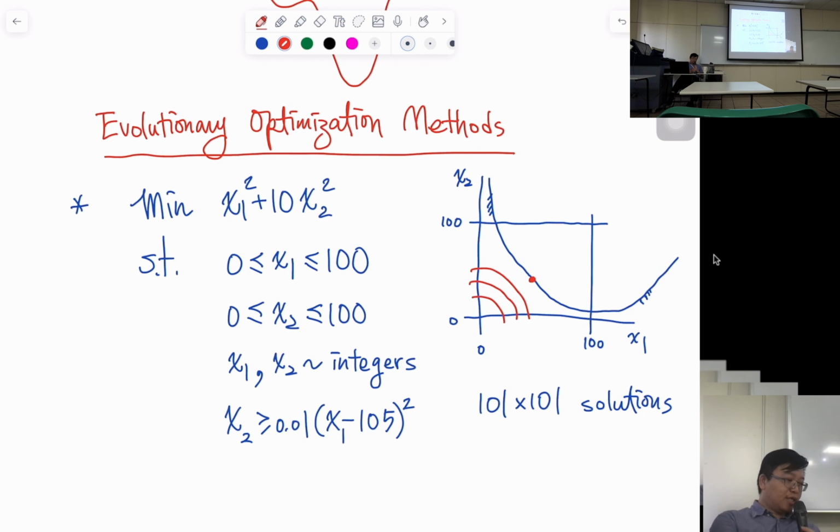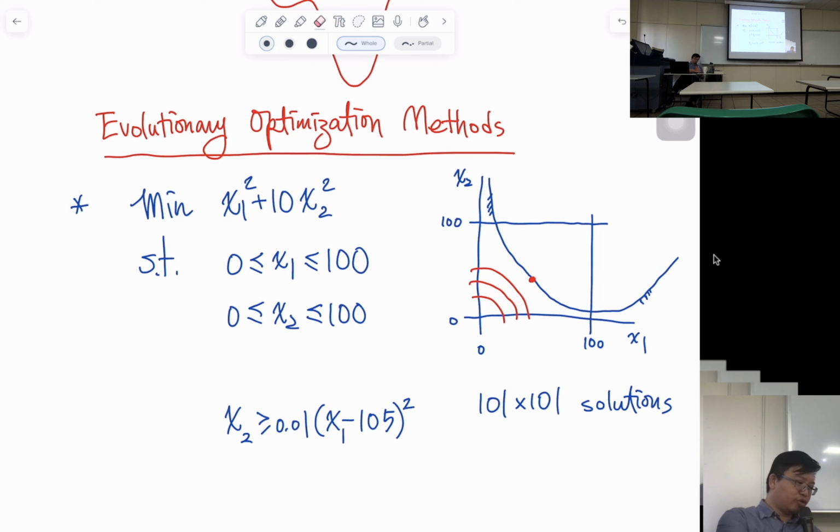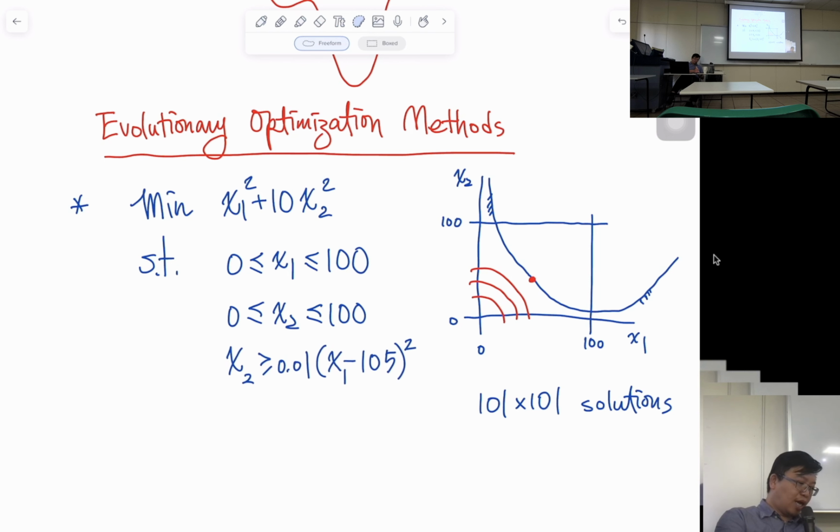Okay? Now, for easier implementation, let me see. I want to get rid of this line. I don't want to force them to be integer, okay? Because later on I need to show you how it looks like.